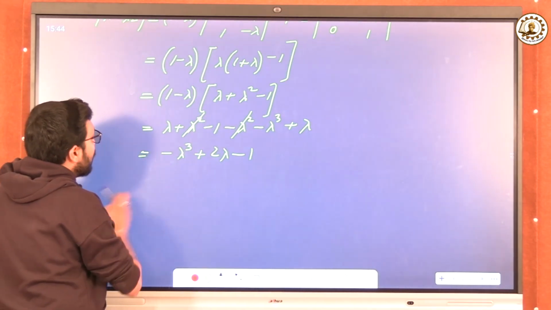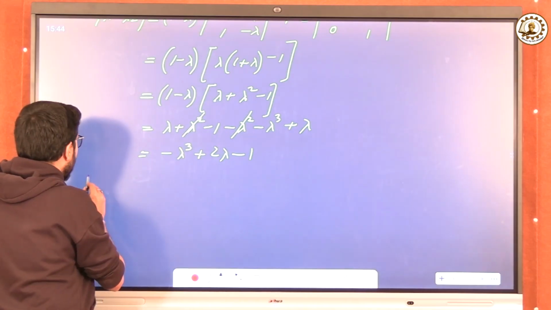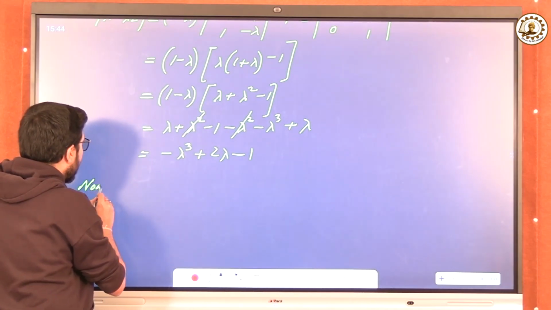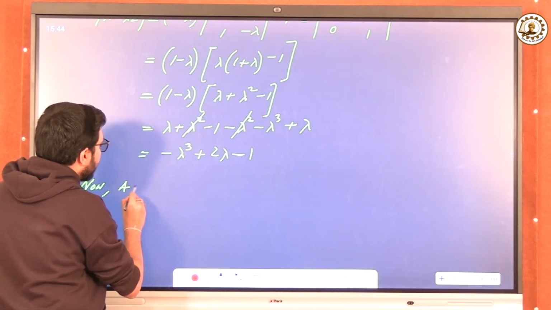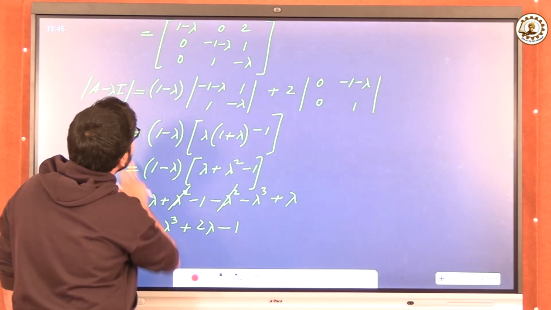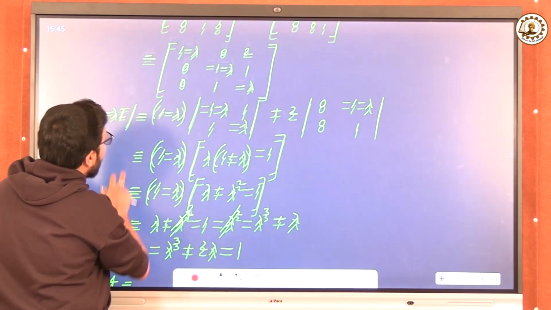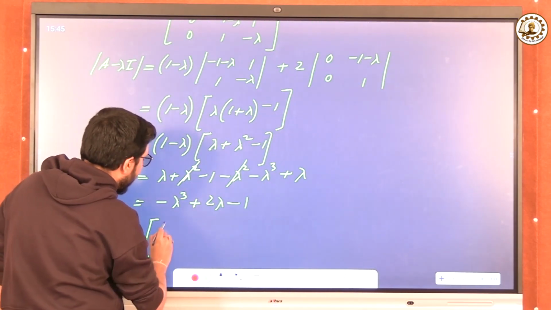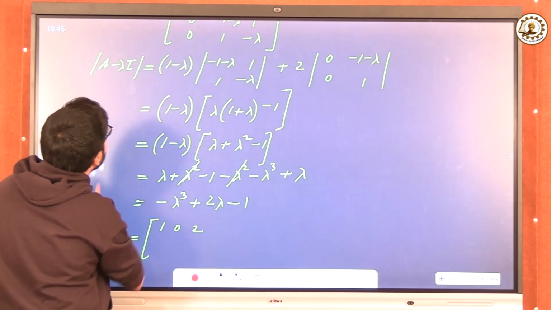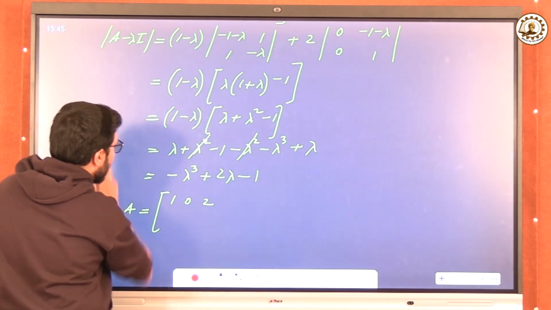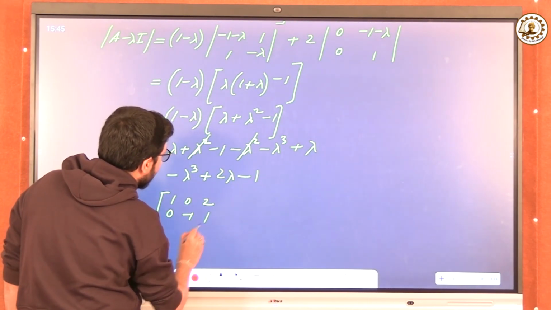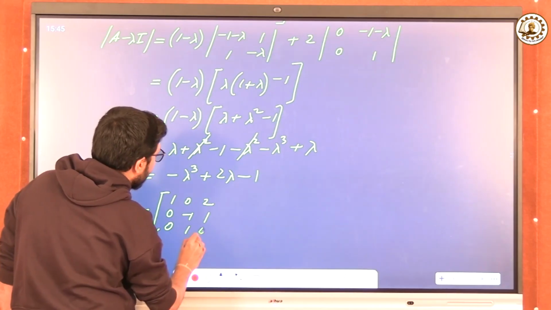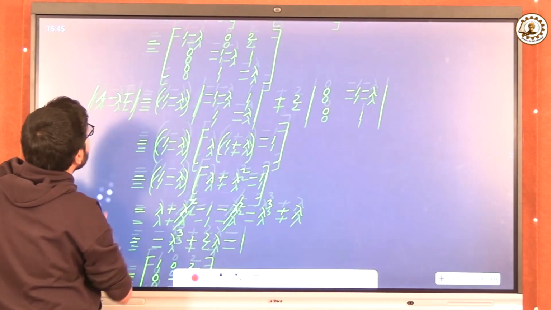That's what we are going to do here. Now A equals to 1, 0, 2, 0, minus 1, 1 and 0, 1, 0. This was the matrix.